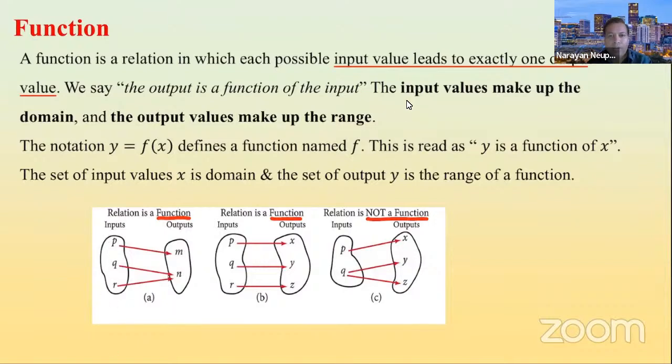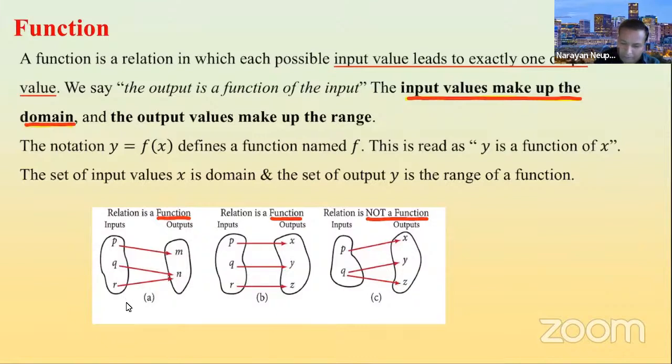And remember, the input values are sometimes referred to as the domain of the function. All input values are called the domain of the function. So for example, in this first mapping diagram, the domain will be P, Q, and R. And the range will be M, N.